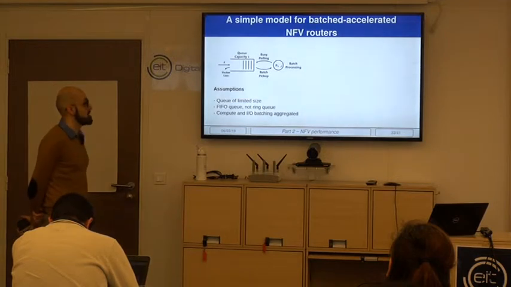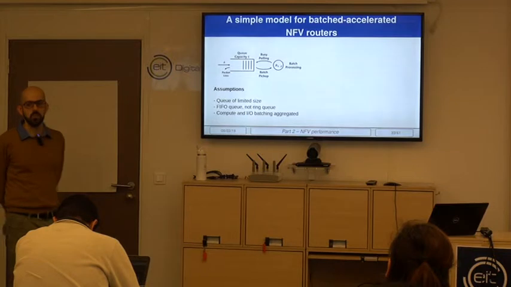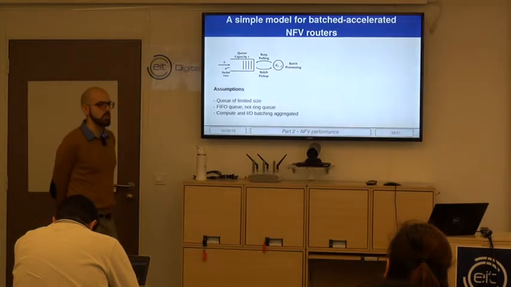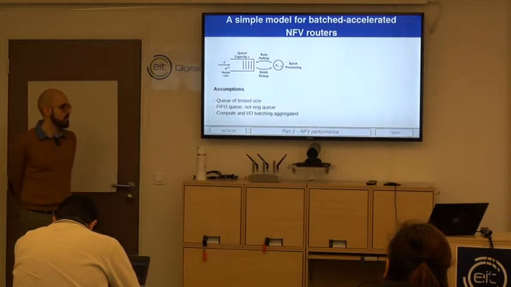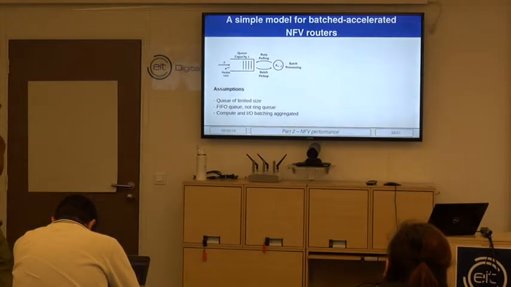And those packets in this queue of capacity L will be accessed by a processing module. So our server is just the batch processing that is busy polling, so it continuously polls packets from the queue, and it picks up packets in a range that goes from 0 to beta, which is our maximum batch size.